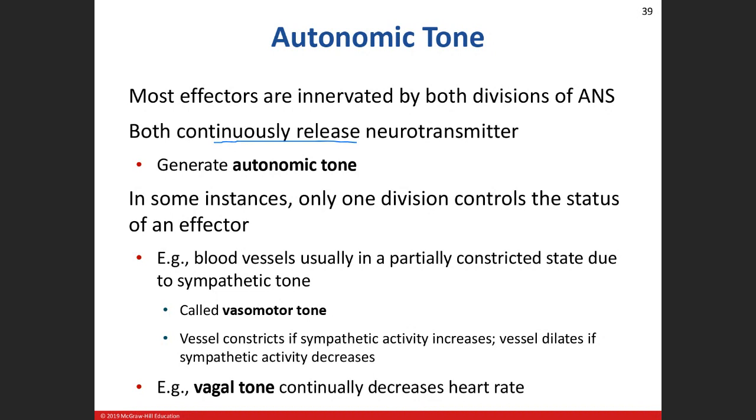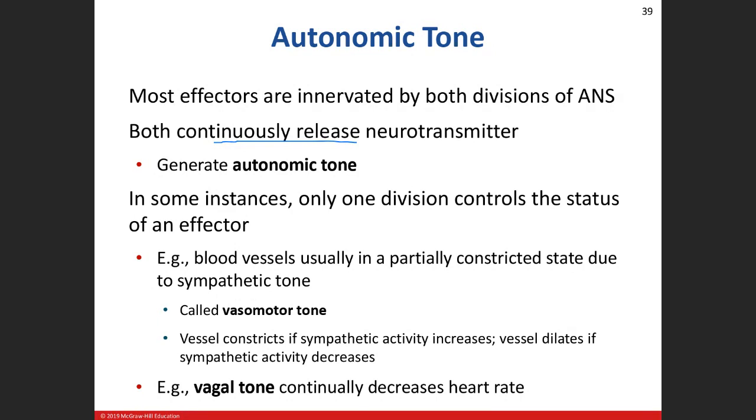Those are going to be our neurotransmitters, but you probably didn't think that some of these neurons are just going to be continually releasing the neurotransmitter. When it does this, we call that autonomic tone. So you have to understand something here. We're going to talk about some of the concepts of the autonomic nervous system.